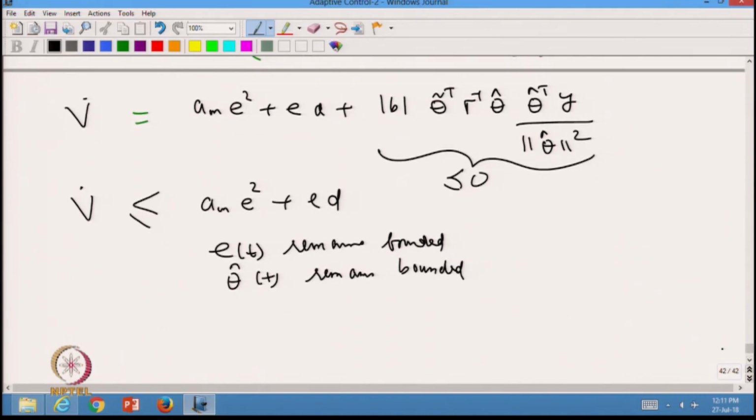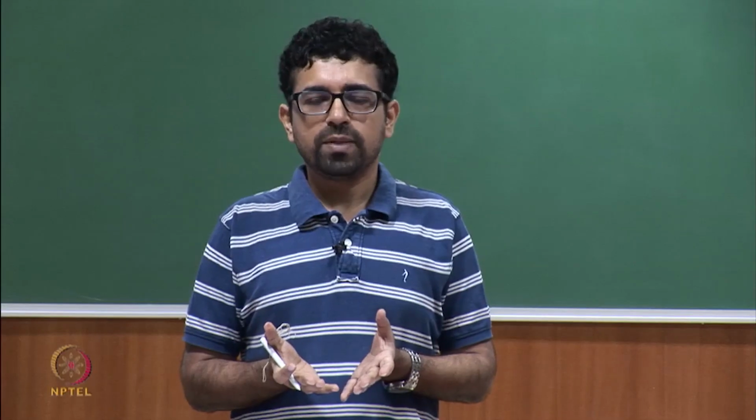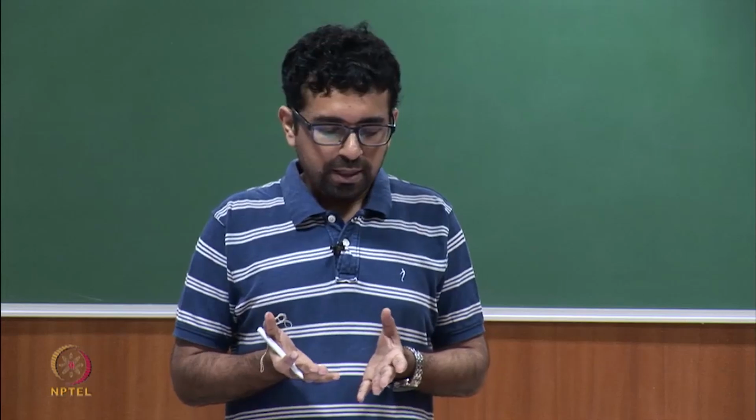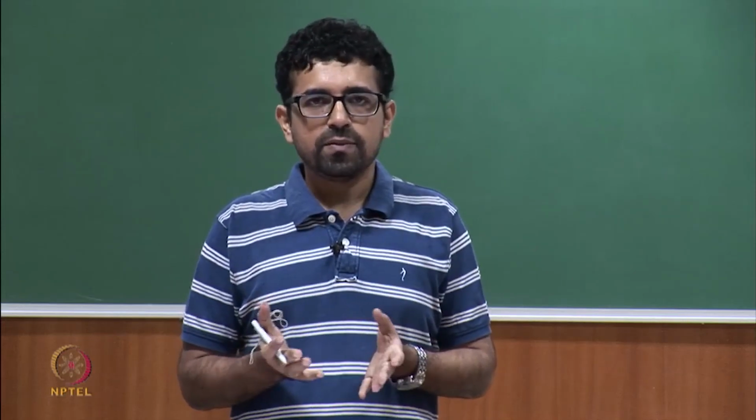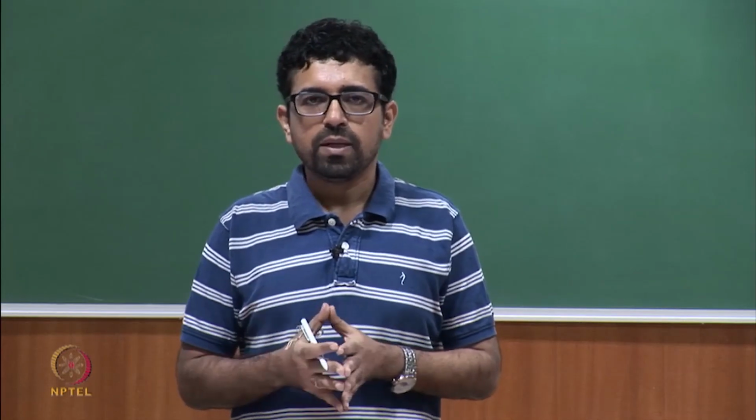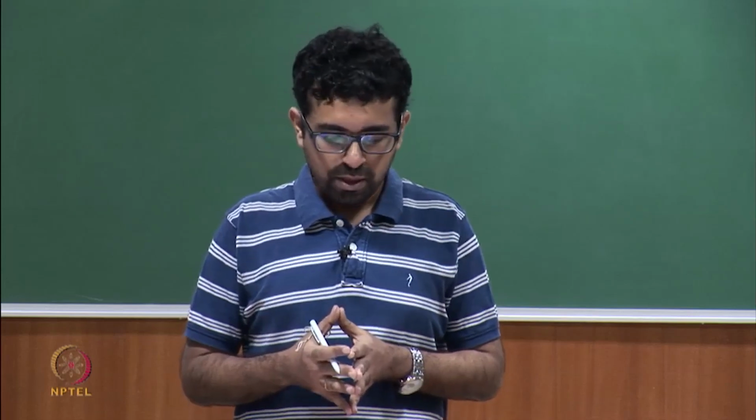So, in conclusion of this projection based modification, what we can say is that projection ensures that the parameter estimate stays within a bounded convex set, and also that the stability is preserved even when a projection modification is used.